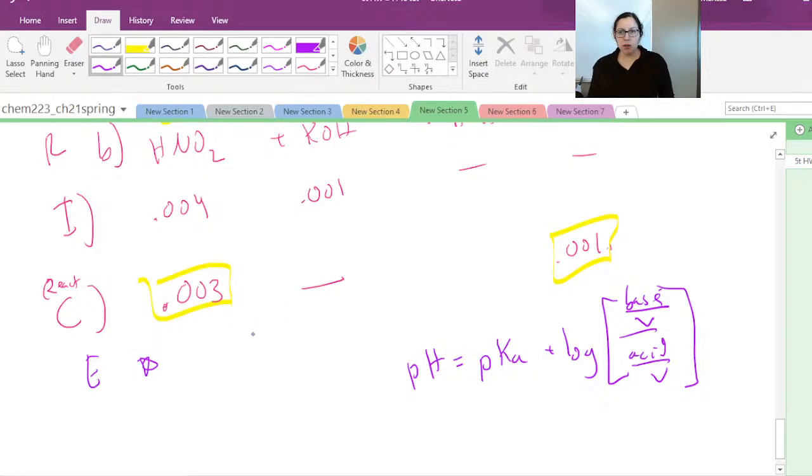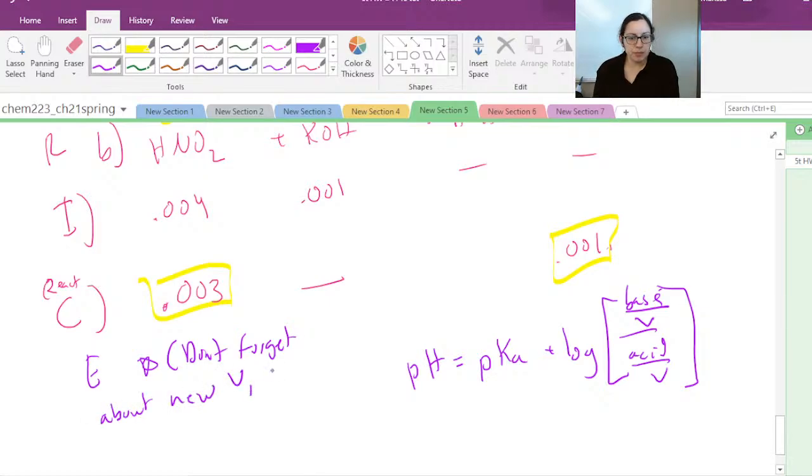But I still kind of want you to be aware of the volume thing, right? So you don't forget about it when you're doing your other calculations, but just note, okay, volume does end up canceling out here. So I'll say, don't forget about new volume. But it will cancel in our Henderson-Hasselbalch.